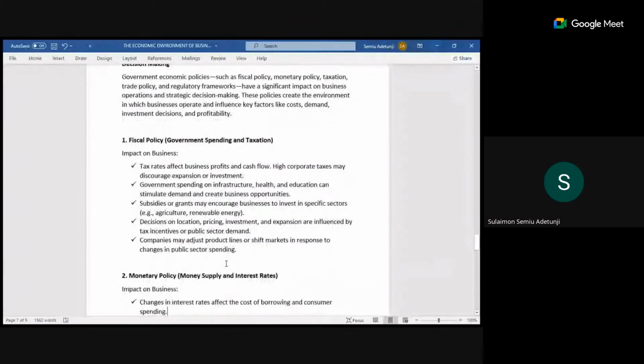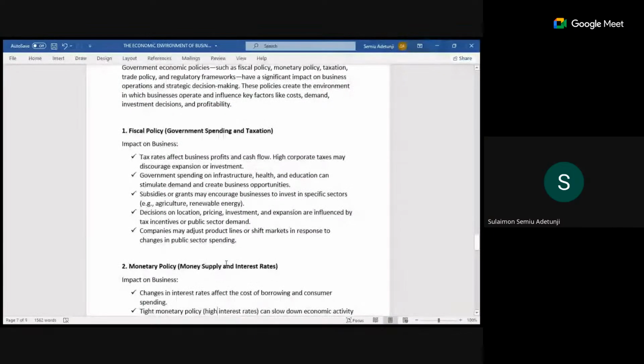I've told you several times, so that you'll be familiar with fiscal policy. Fiscal policy is a kind of policy whereby government determines what the rate and the taxation will be for the year, for a particular country. Now the impact of fiscal policy on business: the tax rates affect business profits. Everybody knows that.